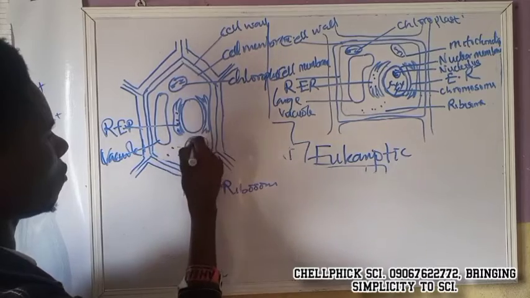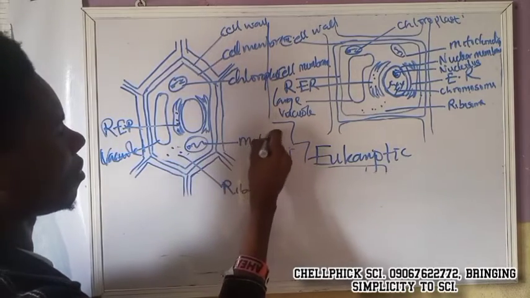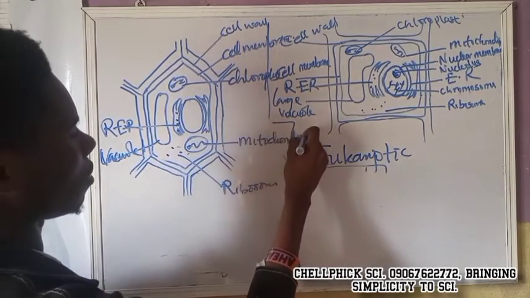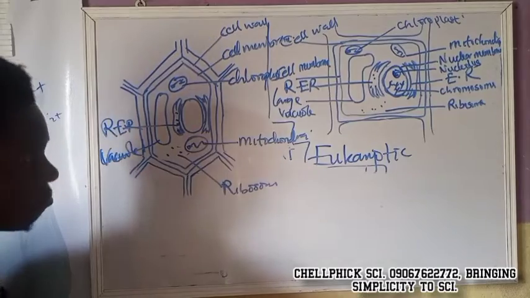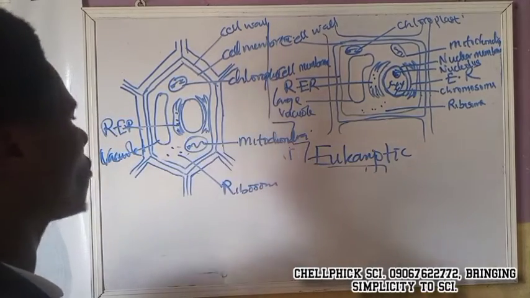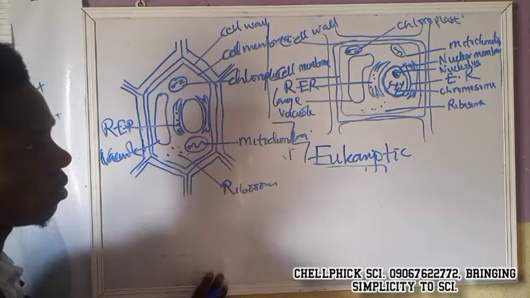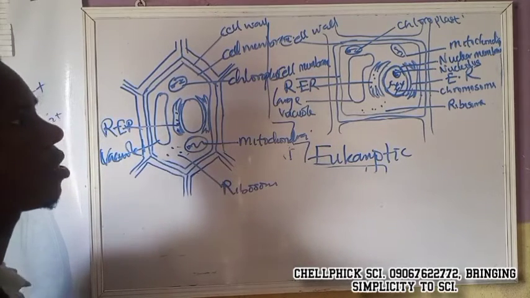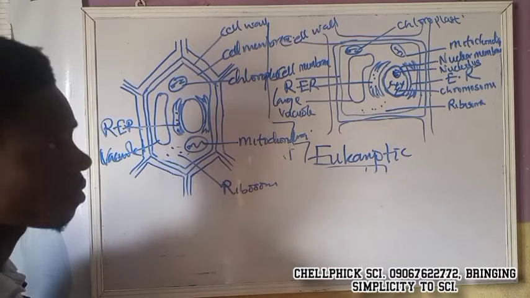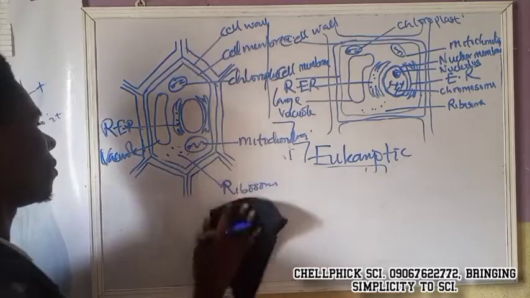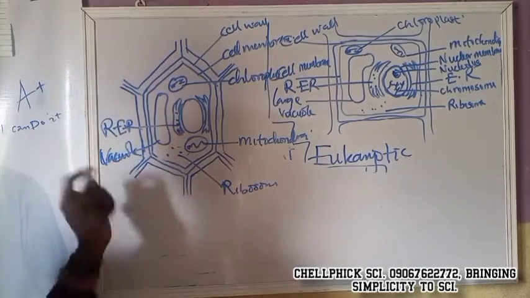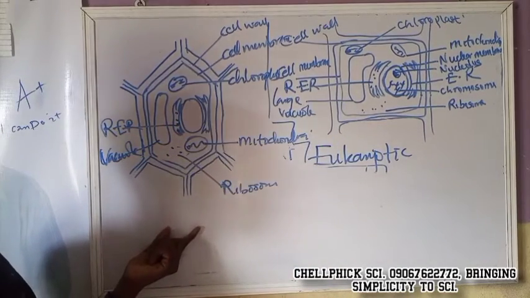I can draw this, don't forget this is for mitochondria. So I hope we can see that. Right from here, we have seen how to draw the plant cell. Now let's look at each cell organelle found in plants and its function. Feel free to pause this if you want to draw it.